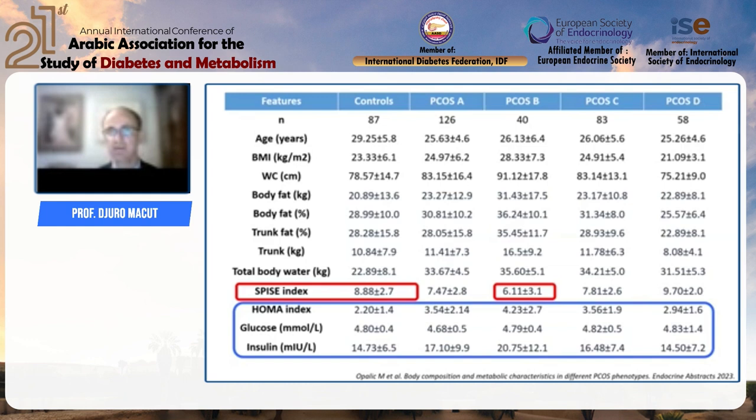So phenotype B is the real endocrine profile, and we can say that the SPISE index marks this condition quite nicely. In the lower part of the slide, you can see that the HOMA index is the opposite: it has the highest index in phenotype B. This opposite relation confirms that SPISE could be used as a simple, non-insulin related index.